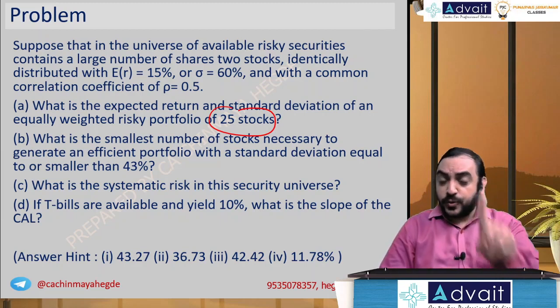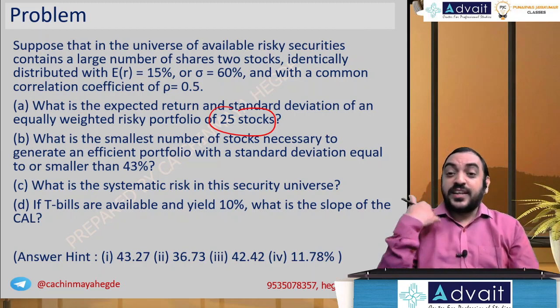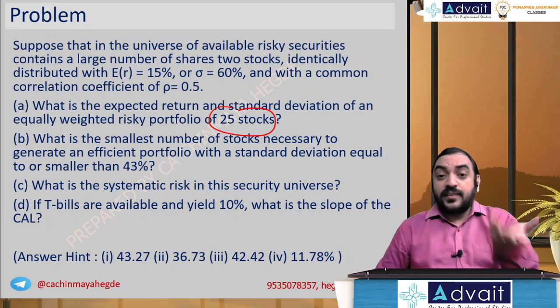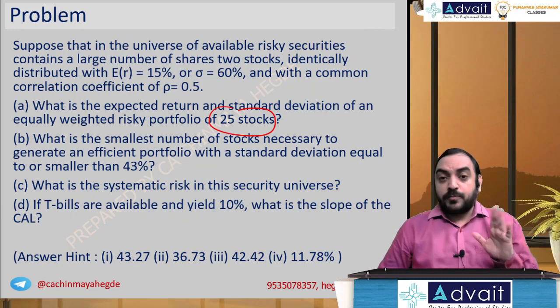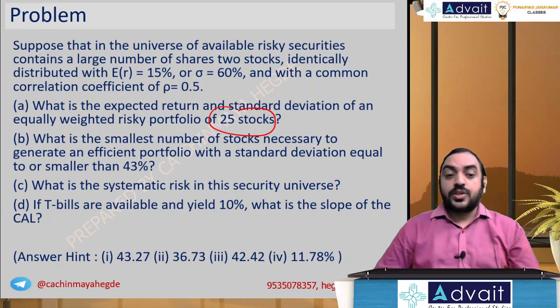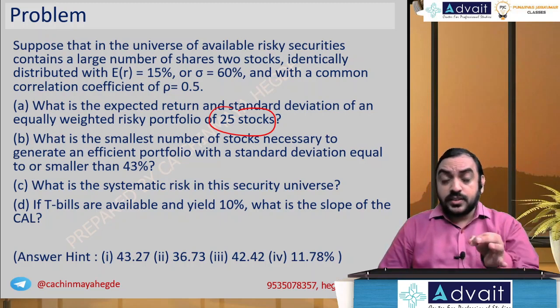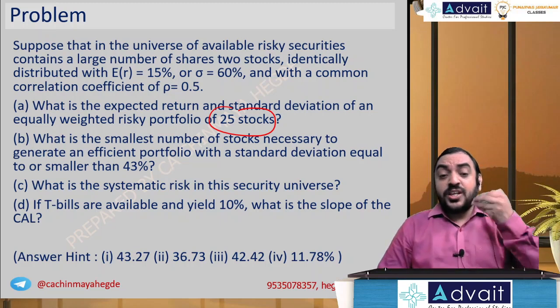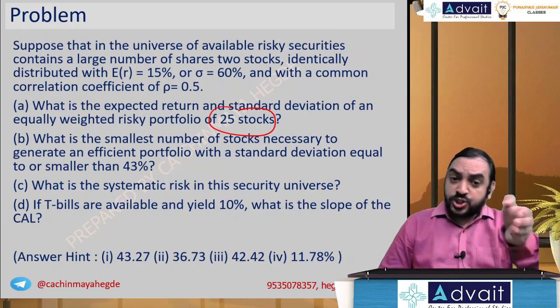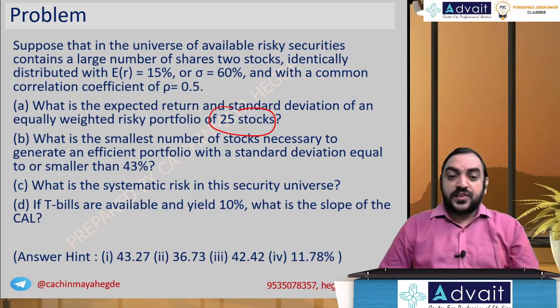But that is with respect to this problem. Okay. If it is 26 stocks, 27 stocks, equal weights, okay. But different weights, we don't have a particular formula. So it's more of a theory question rather than practical application. What is the smallest number of stocks that is necessary to generate an efficient portfolio standard deviation equal to or smaller than 43%?